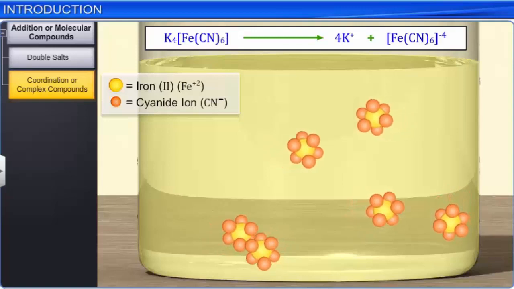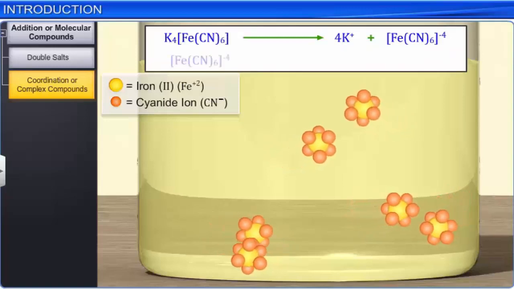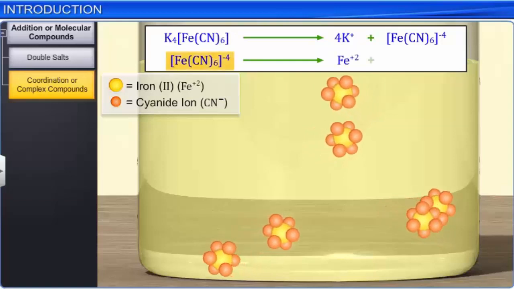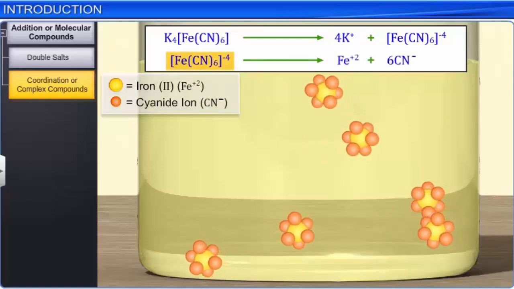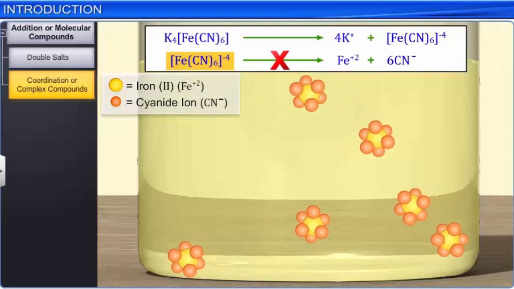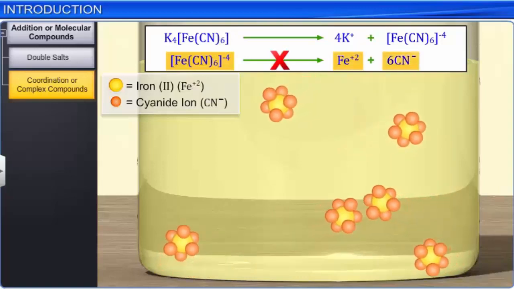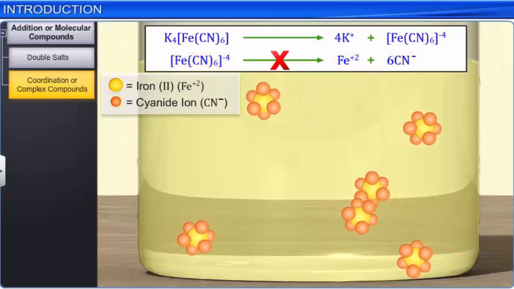Other familiar examples for nickel, copper, and silver are shown here. Actually, these ions are present in the form of a new ion called a complex ion.